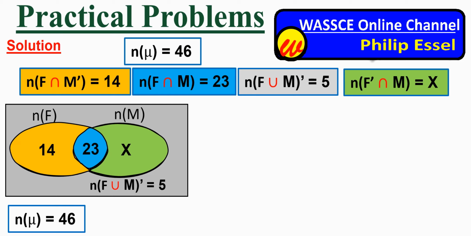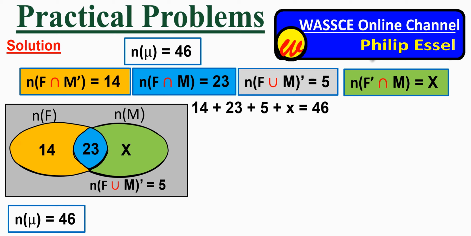So those in the yellow group are 14 in number, so we write 14, plus those in the blue group, they are 23, so plus 23, then plus those in the gray group, they are 5, so plus 5, then finally plus x, which would represent those in the green group.